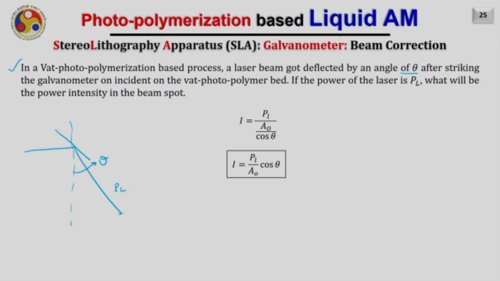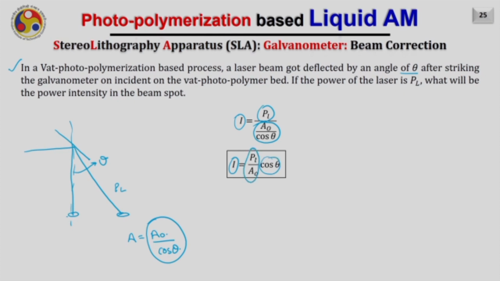We know that in that case, the spot area A will be equal to A naught, which is the area of the beam when the laser is striking at an angle 0, meaning vertically, divided by cos theta. Theta is the incident angle made between the laser beam and the vertical axis. Now this is the new area, hence the intensity will be equal to laser power divided by the area, so the intensity will be PL by A naught cos theta.